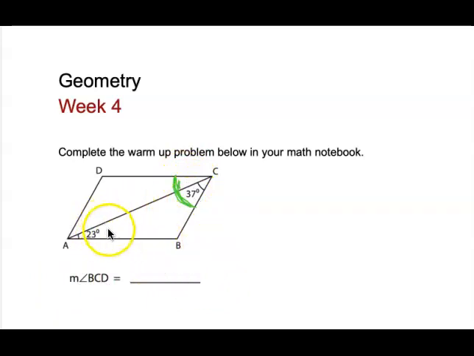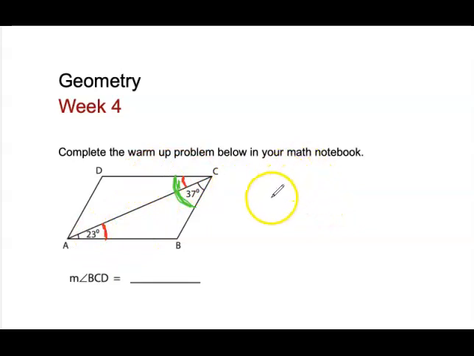Well, we've got this angle down here. This angle there is 23 degrees. So we know this angle right here is 23 degrees. And we're going to use some knowledge that we learned back in first semester to help us find this angle right up here. So these angles are alternate interior angles.